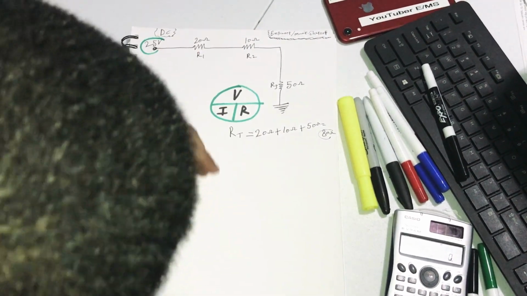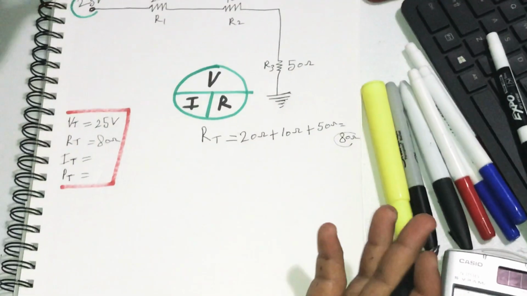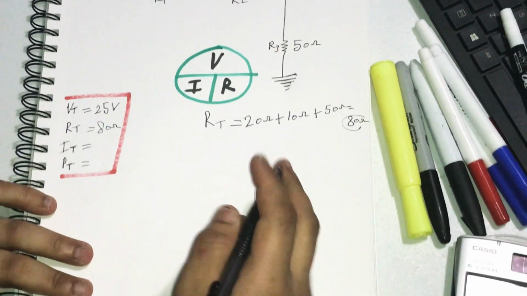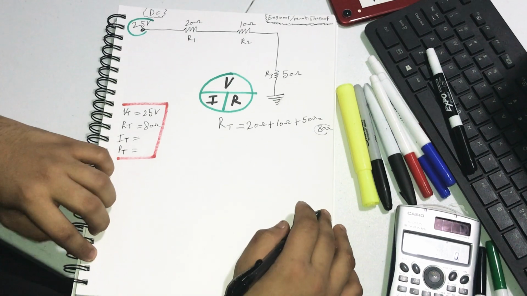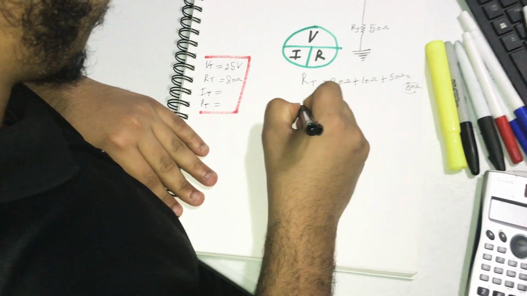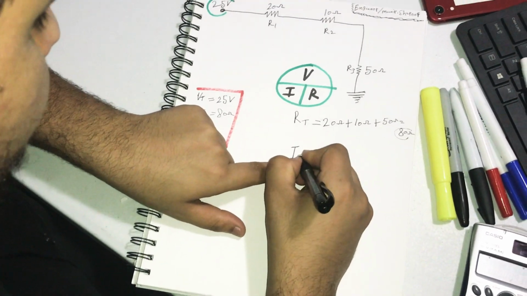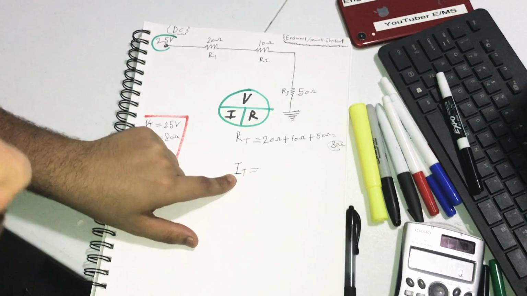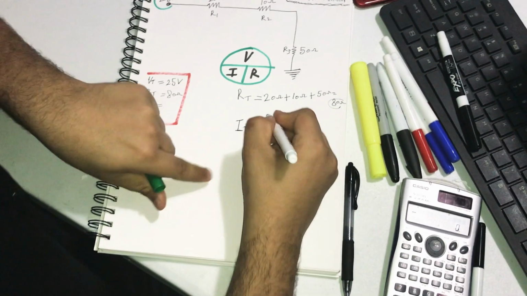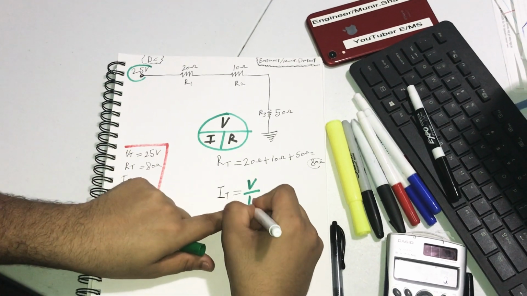It's a formula you'll use almost throughout your life in engineering. Let's start solving the total current. Of course, let me put the formula so you're not confused: voltage divided by resistance.